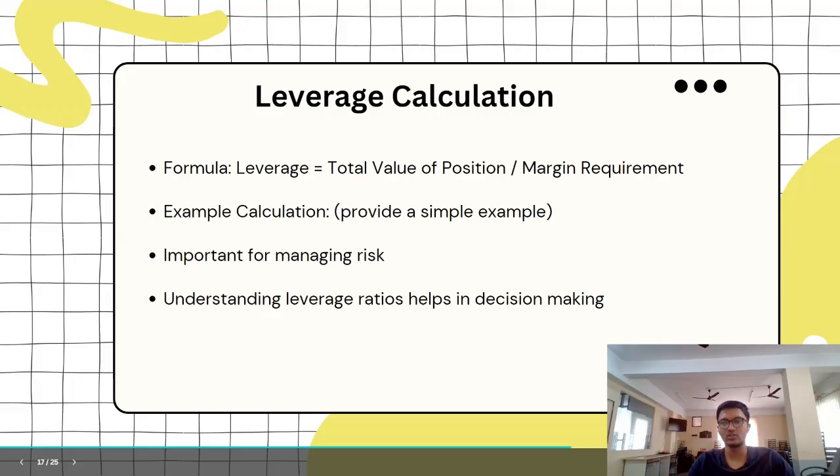You can use futures for hedging your positions as well. So let's say you bought some 10,000 or 20,000 shares of a particular company, and that company is in the F&O segment, so it is registered in the futures and options segment.